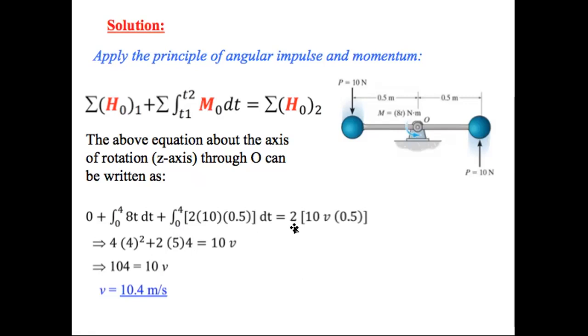And the angular momentum after 4 seconds gives us the velocity. When we solve this equation, we find the velocity at time 4 seconds. The velocity is 10.4 meters per second.